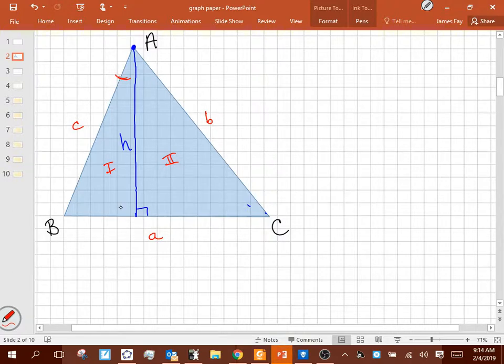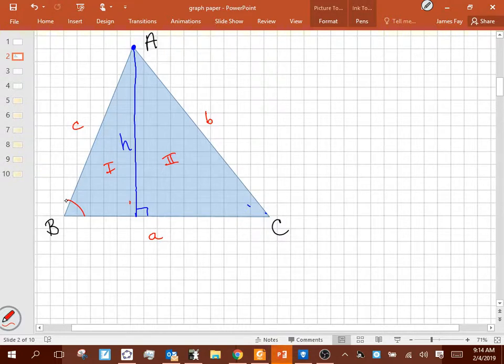I don't have a way of naming this angle down here either, so I'm not going to do that, because when I look at a normal problem for the law of sines, I'm not going to draw this line in or try to decipher how big that angle is. Obviously, this one is a 90-degree angle. But what I can talk about is angle B. It's an angle of the overall triangle, but at the same time, it's a complete angle in triangle number 1.